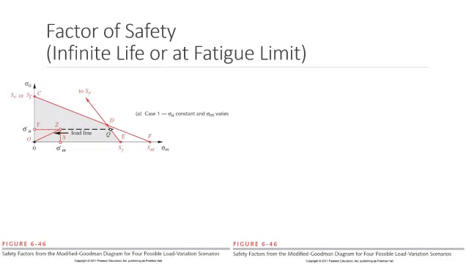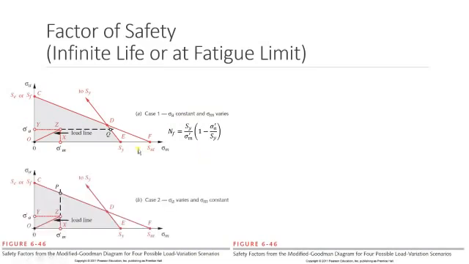In case 1, the alternating stress is constant, and we're not concerned that it ever increases, but the mean stress might increase. If that's the case, my factor of safety is going to be the ratio of this line YZ to the total line YQ, and that equation is given here.